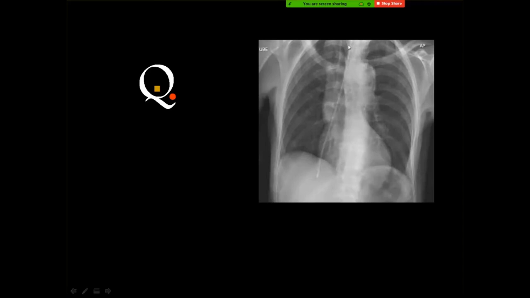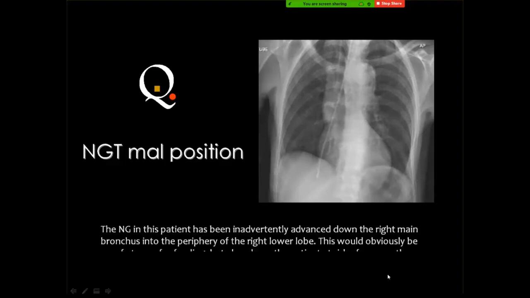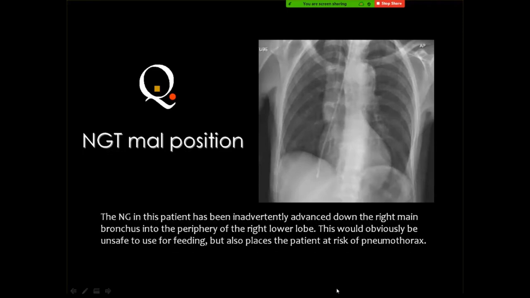This is a nasogastric tube, in the trachea, into the lung, in the right main bronchus. It has been pushed through the trachea to the right main bronchus to the base of the right lung, and this is nasogastric tube malposition.